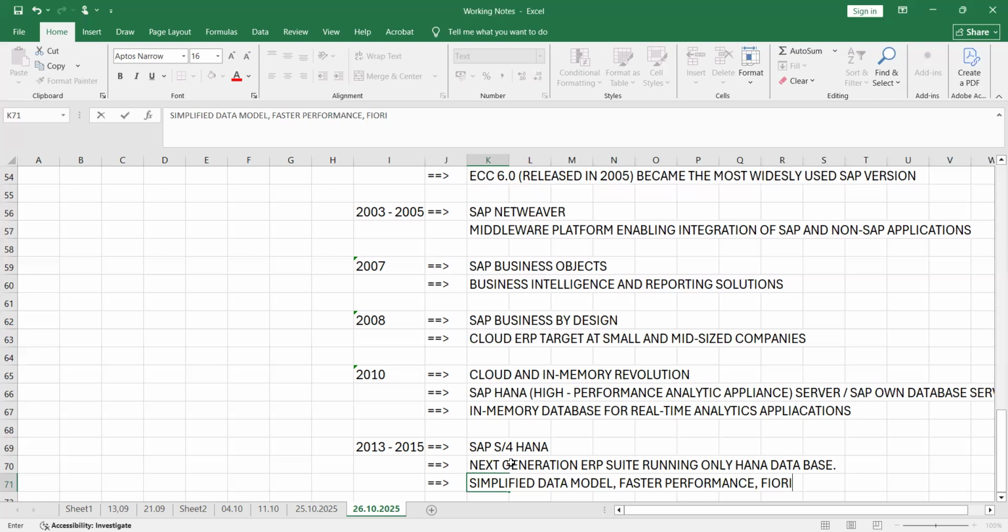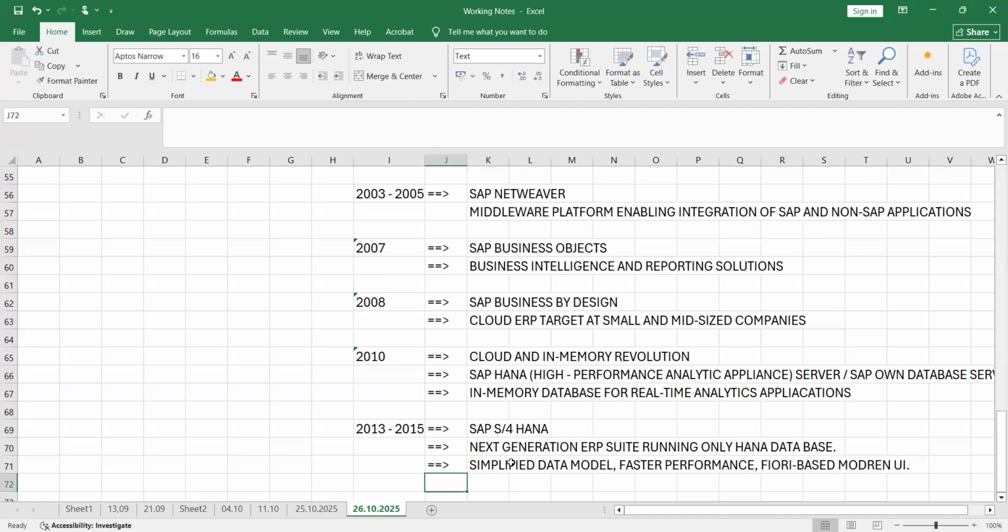If network is there, you can use SAP on your palm tabs or whatever it is, anywhere and everywhere. So Fiori based, it is a simple application now, based on a modern UI, user interface. This is now a revolutionary thing.